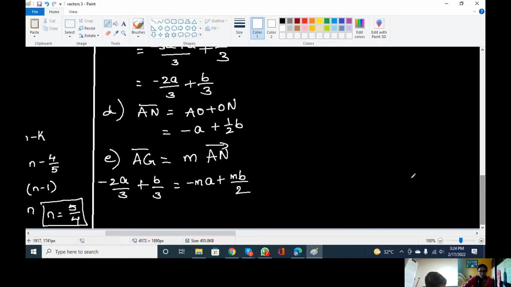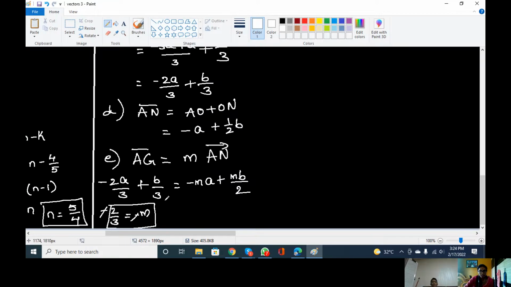So now we can compare the values on both sides. So this one, negative 2 by 3 is equal to negative M. So negative cancel, M is equal to, I compare the first A value, so I got M is equal to 2 by 3.